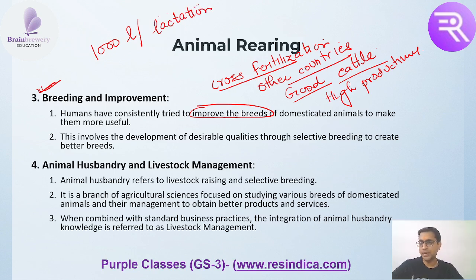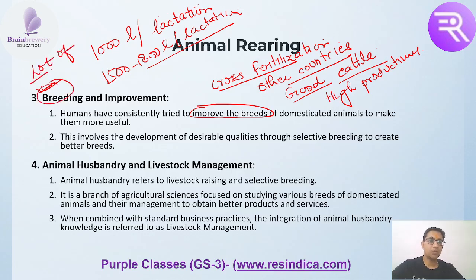Then if we want to breed in such a way that we increase the productivity, a new crossbreed may produce around 1,500 to 1,800 liters per lactation. Obviously we want to increase this productivity, which is why we are focusing on a lot of breeding programs. Lots of breeding programs are going on that the government is running in our country, providing lots of subsidies to improve the breed of our cows, so that they become more and more useful and productive.